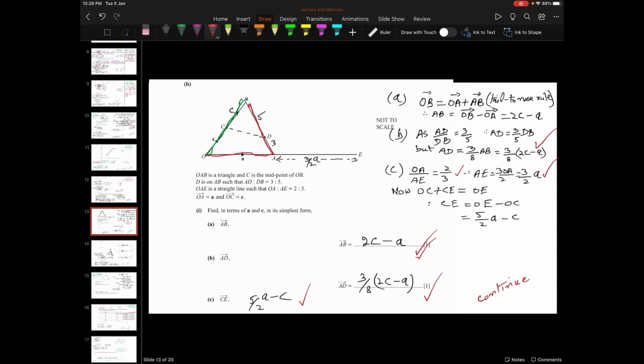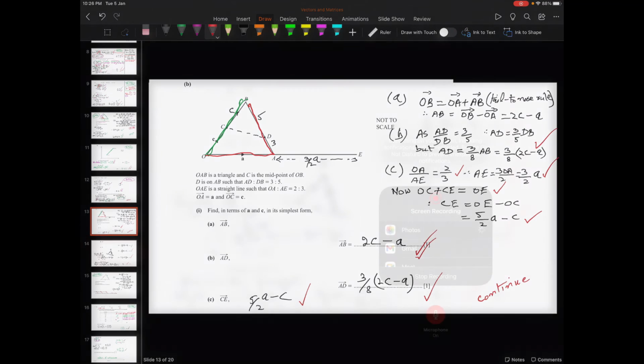Now OC plus CE is equal to OE. Again I am using tail to nose rule. From here CE is equal to OE minus OC. Now substitute the values of vectors OE and OC. Therefore CE is equal to 5 upon 2A minus C.